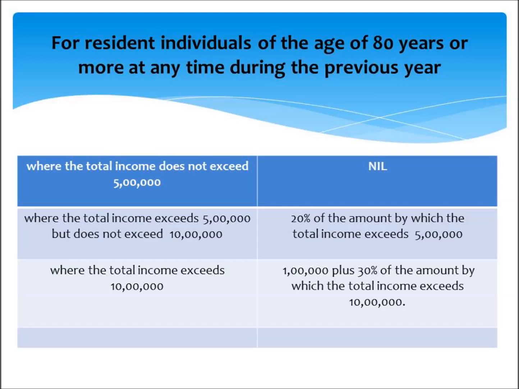So 30% of 2 lakhs is equal to 60,000. So total income tax liability will be 1 lakh plus 60,000 is equal to 1 lakh 60,000. So this is how the slab of super senior citizens works. Basic exemption limit is increased to 5 lakhs.